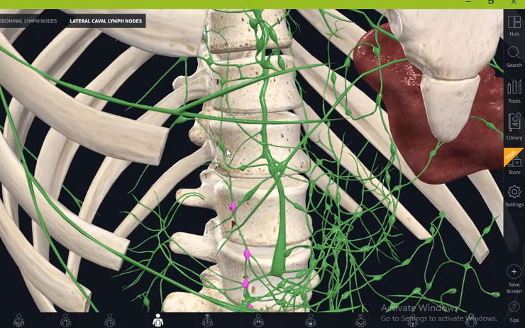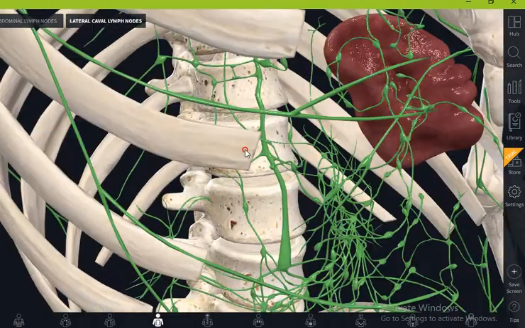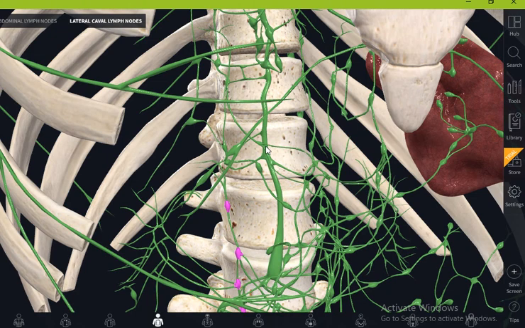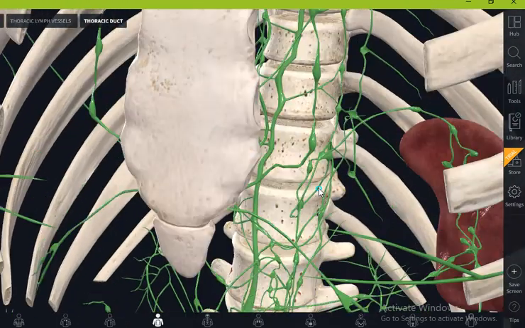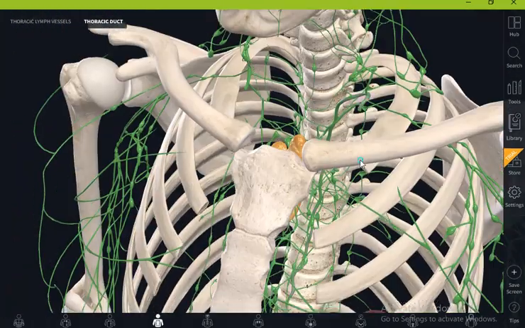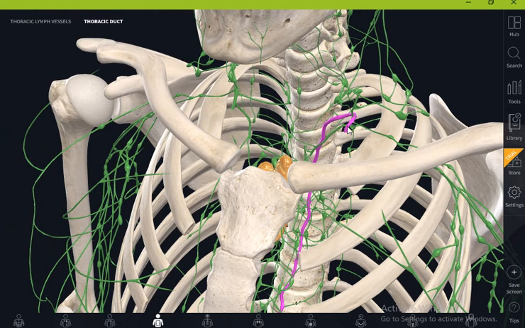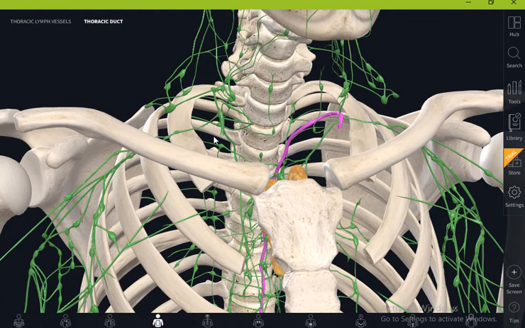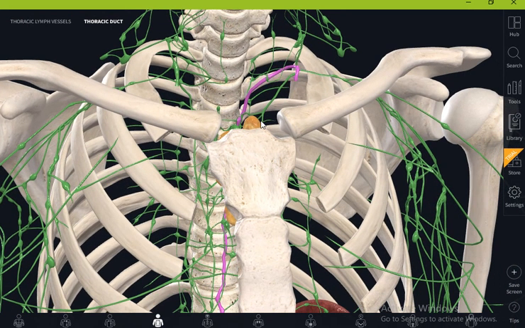Since they are going above, they are going to hand over to this particular duct here, which is called the thoracic duct. The thoracic duct is going to move through the abdomen and thorax to find itself here at the level of the neck, where it's going to drain into the left subclavian vein. On the right side, we need to know that all the lower limb lymph circulation is going to enter into the thoracic duct.